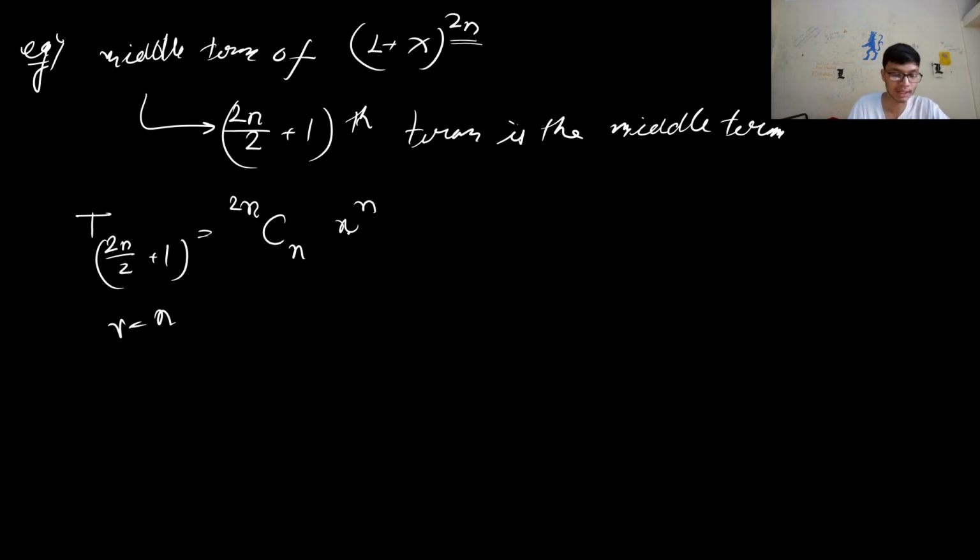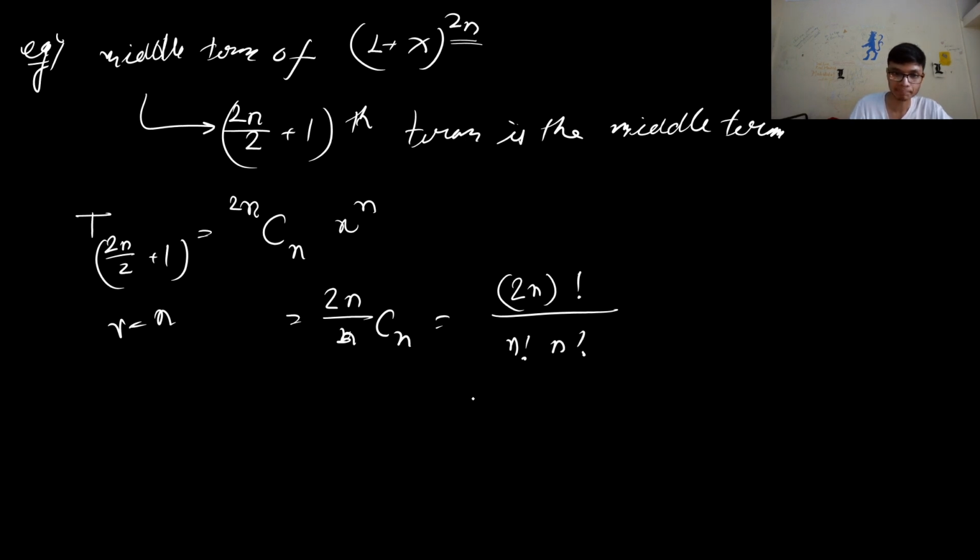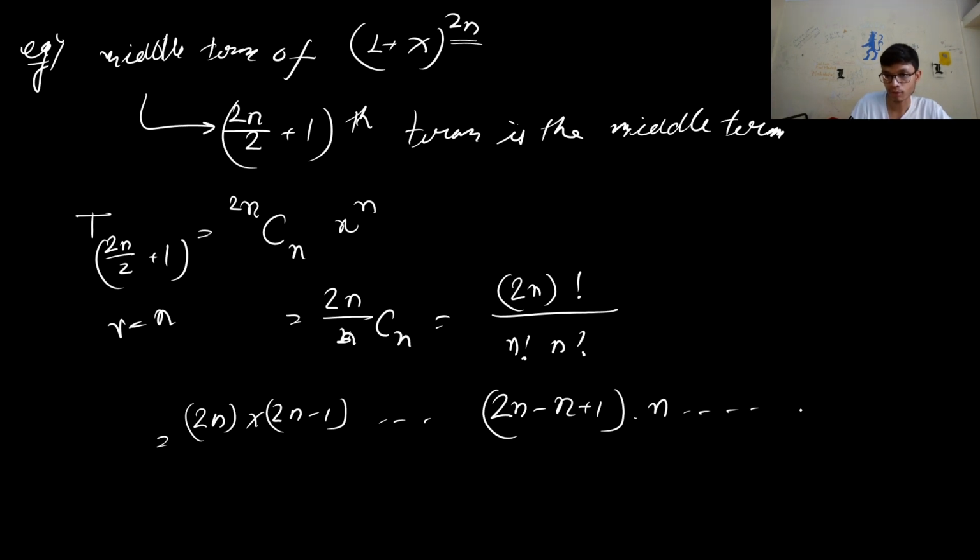But since in the question we have to calculate the binomial coefficient of the middle term, that will give me the binomial coefficient as 2nCn. We know that 2nCn can be written as (2n)! divided by n! times n!. So I can write this expansion as 2n times (2n-1) and so on up to (2n-n+1), times n and so on up to 1, divided by n!.